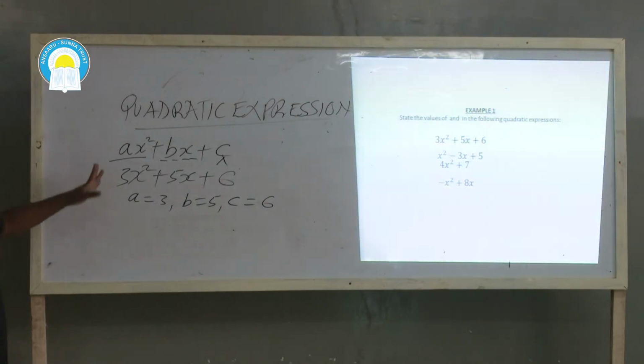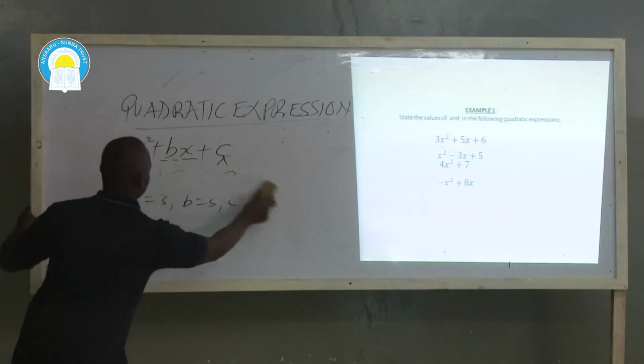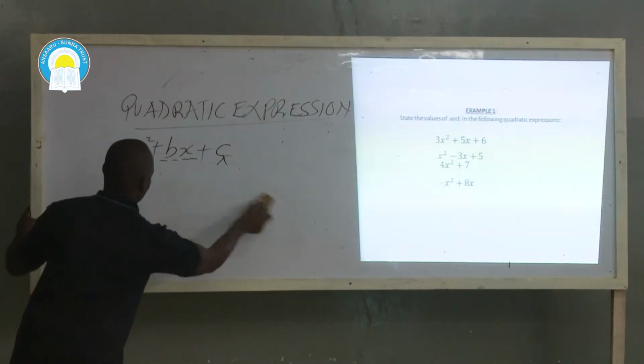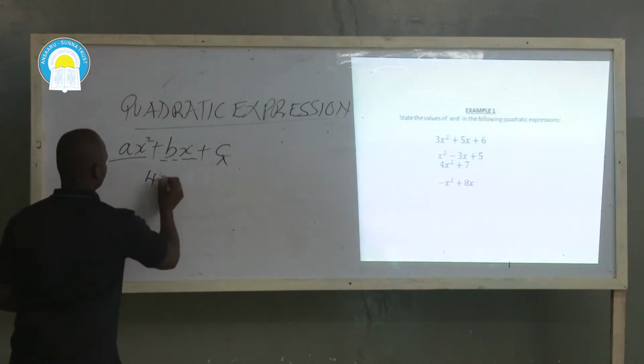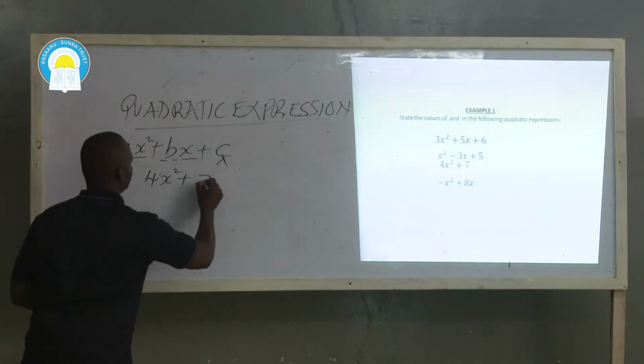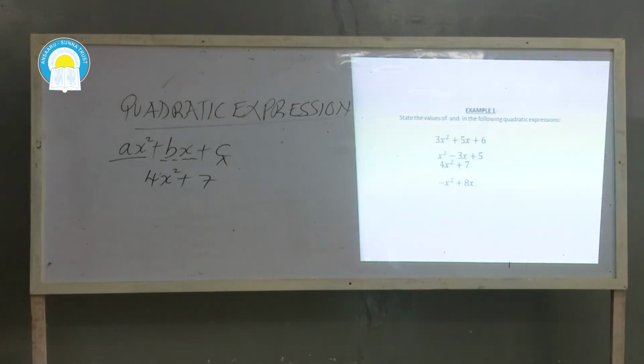Be able to identify the a, b, and c. Our next one will be 4x squared plus 7. So we have 4x squared plus 7. Given such an expression, it might prove a challenge to some students. Why?